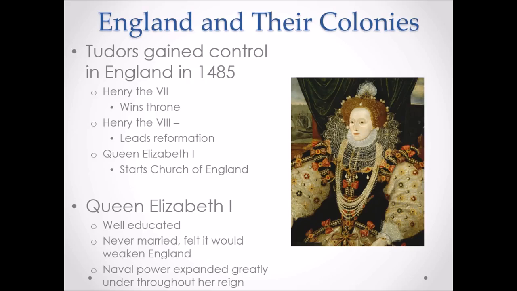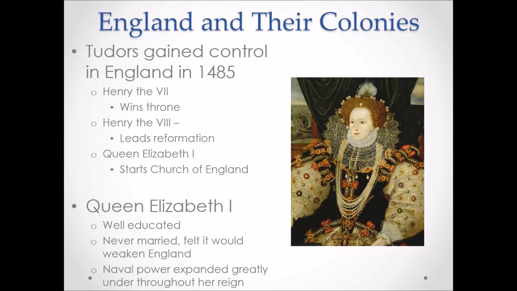In the late 1400s, you have a change of dynasty in England, a change of ruling family, if you will. And you have this man named Henry VII take control of the throne.